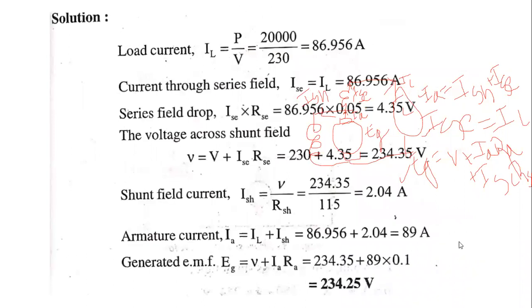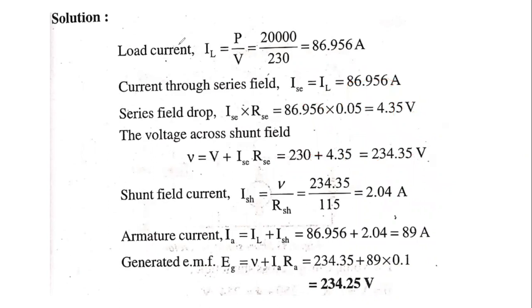What is the formula for that generated EMF? EG equal to V plus IA RA plus ISC RSC. First we calculate the load current IL, which is equal to P by V. Then ISC is equal to IL. Therefore the series field drop, the voltage drop across the series winding, is ISC into RSC, that is 4.35 volts.